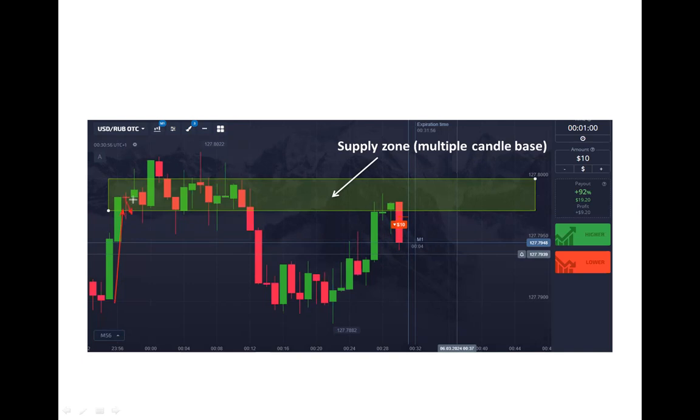Sellers, buyers, strong sellers, buyers, sellers, buyers, then sellers. You can see that the market moves sideways.